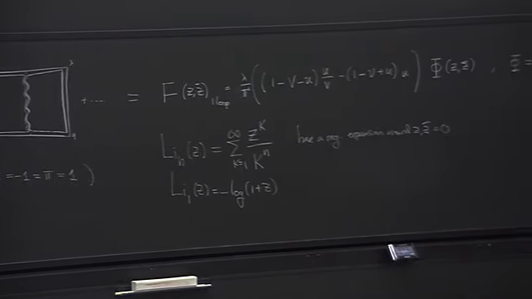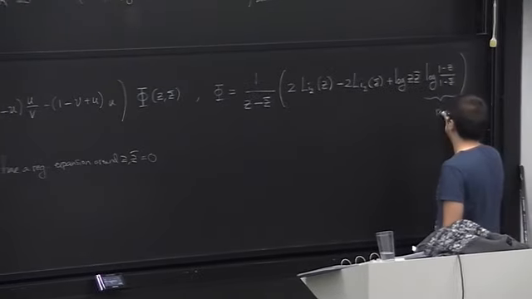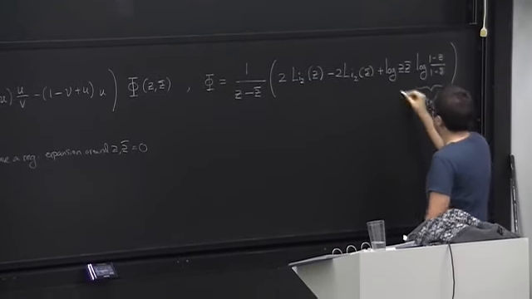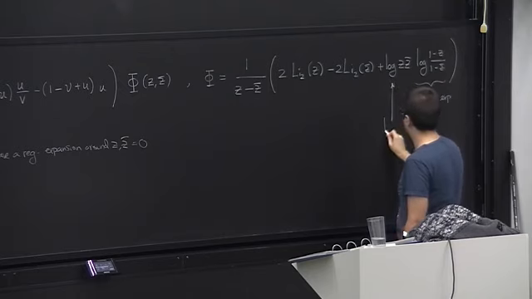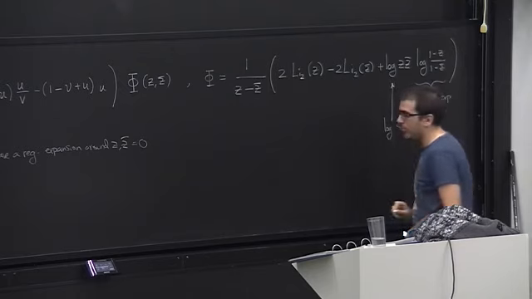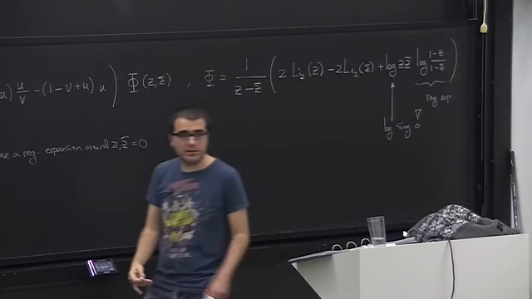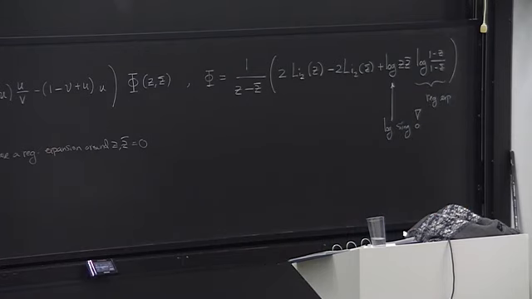This guy also has a regular expansion, but this guy is a log. Right? When z bar goes to 0, everything has a regular expansion except some very precise part of the result that we identify there that comes multiplied by log of z bar.